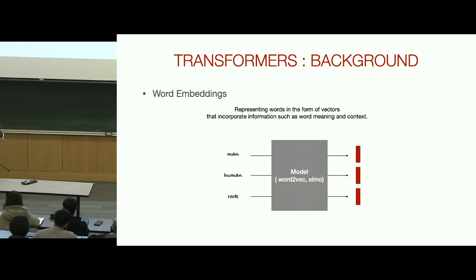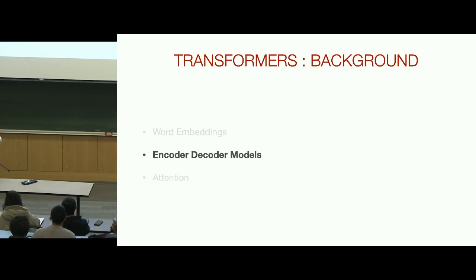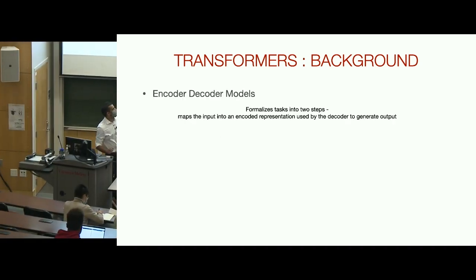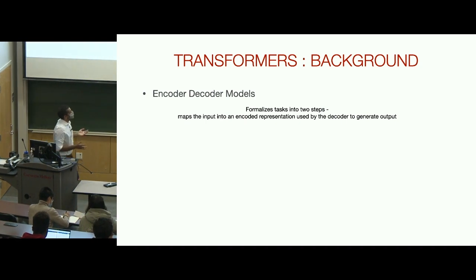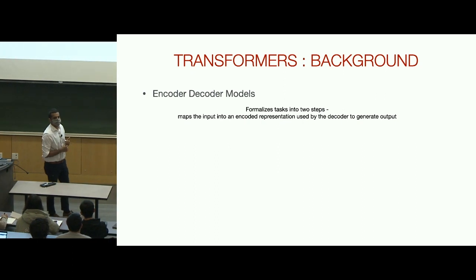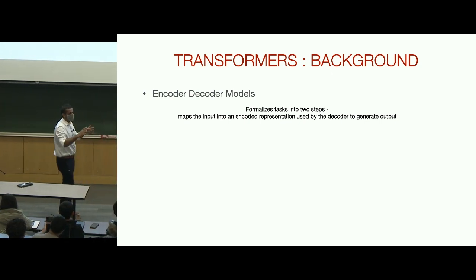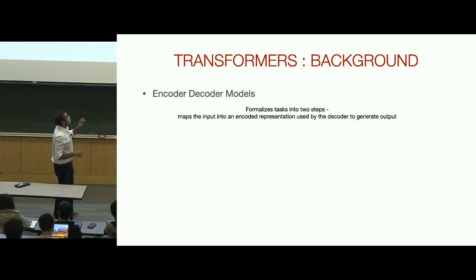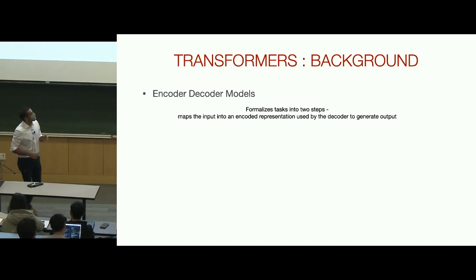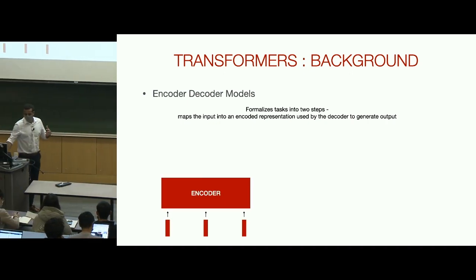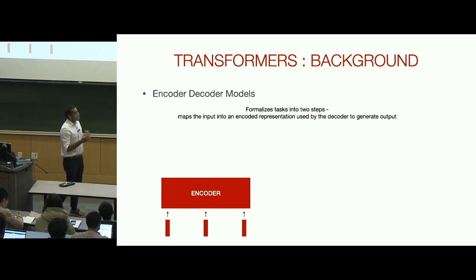So, good to know, word embeddings. I think encoder-decoder models is something you did in the last class. So, a quick recap. In the last class, Viksha took the example of machine translation. They formalize a task into two parts, or the architecture is divided into two parts, where the first part has the responsibility of encoding the input, or maps the input into an encoded representation.